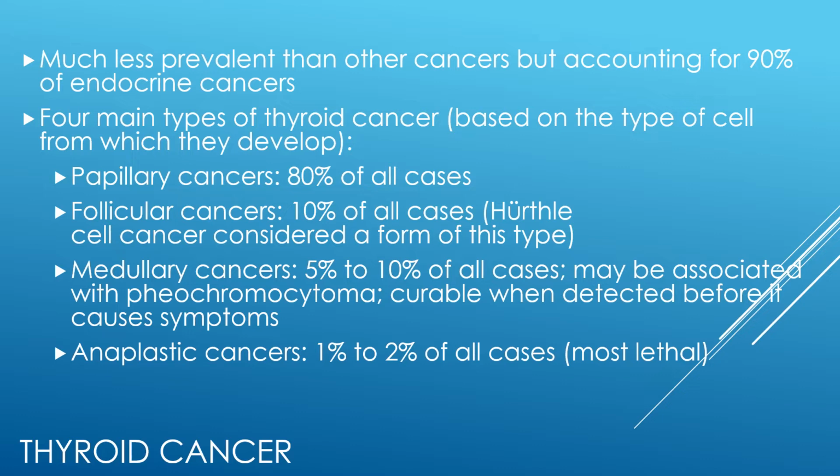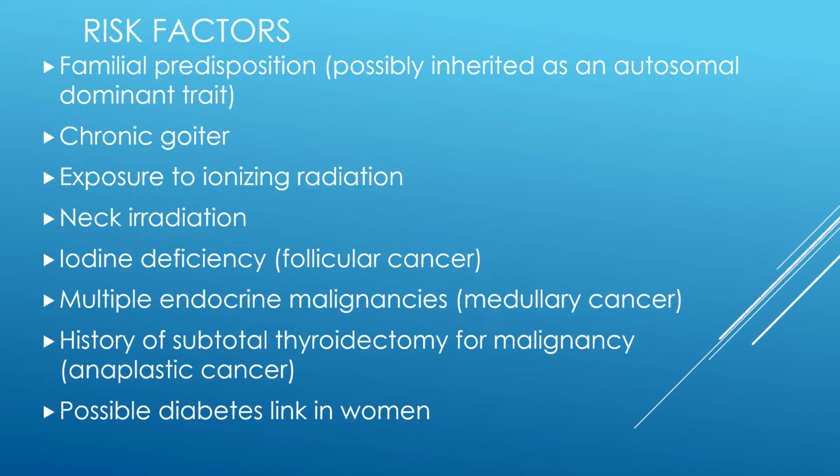Just because the patient has thyroid cancer doesn't mean it's curable, because all of these different types of cancers can progress to metastatic disease. Risk factors could be familial predisposition, chronic goiters, which is just an excessive growth of thyroid, and exposure to ionizing radiation, neck irradiation, so somebody who's had other cancers around the neck.